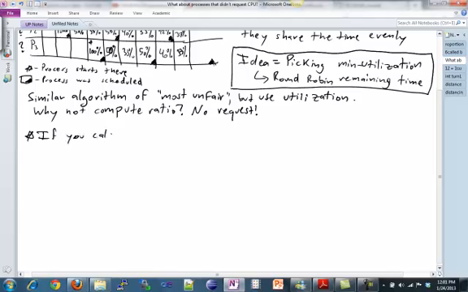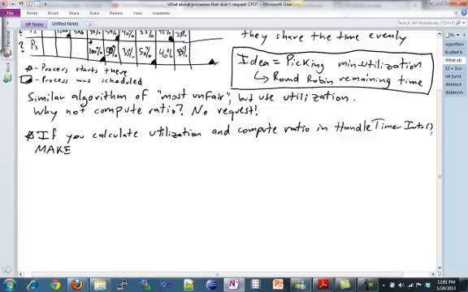If you calculate utilization and compute ratio in handle timer interrupt, remember we said that was a perfectly valid option, and it makes schedule proc a little bit cleaner, then be sure to only calculate compute ratio for procs that requested, right?